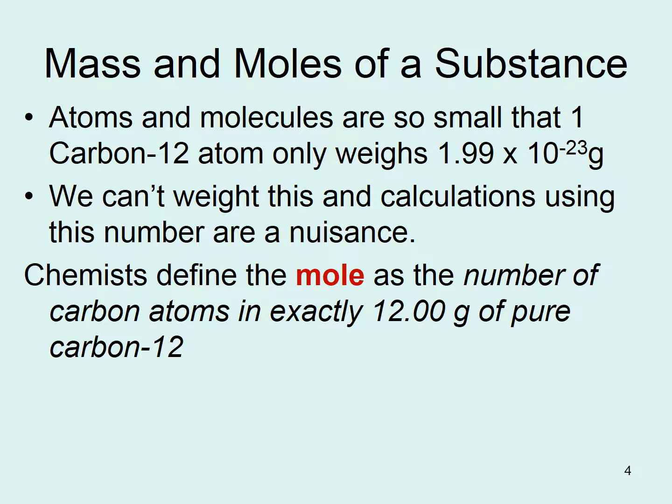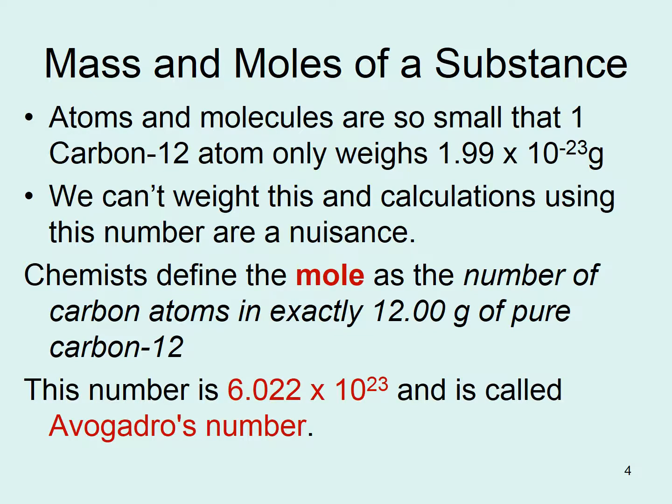So now you're asking, what's a mole? Well, if you're able to somehow count the number of atoms, you would find out that there would be this number, 6.022 times 10 to the 23rd atoms. So there are 6.022 times 10 to the 23rd carbon-12 atoms in 1 mole of carbon-12, and that equals 12 grams of carbon-12. 6.022 times 10 to the 23rd is called Avogadro's number.